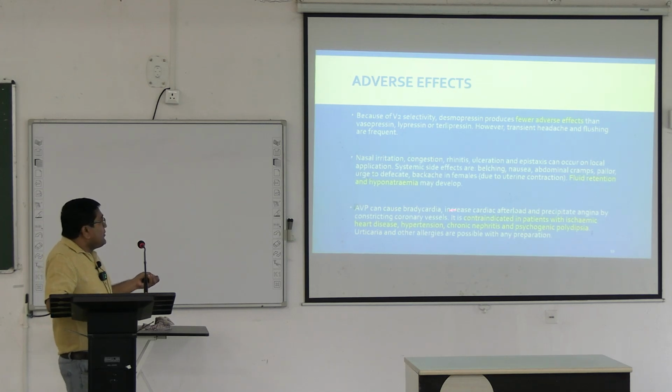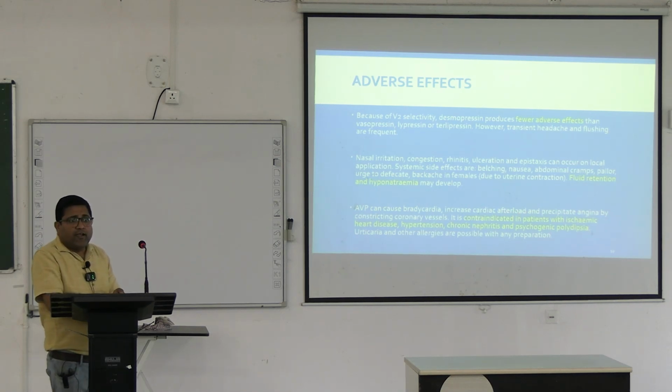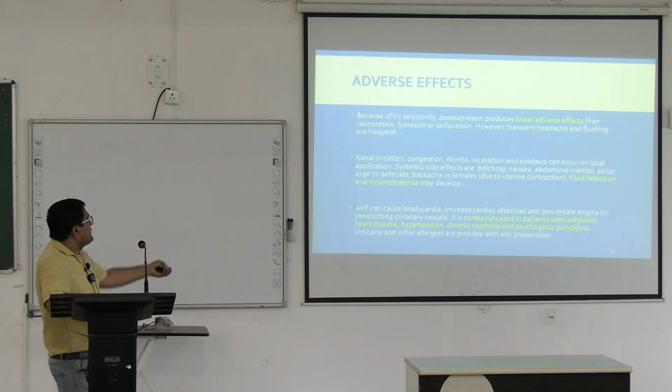AVP, due to cardiac effect, can cause bradycardia, increased cardiac afterload and precipitate angina. Why? Because of coronary vasoconstriction. So the drug is contraindicated in ischemic heart disease patients. In hypertension, chronic nephritis and psychogenic polydipsia also the drug is contraindicated.